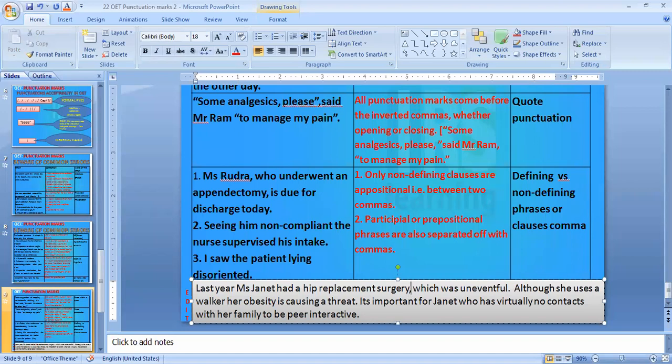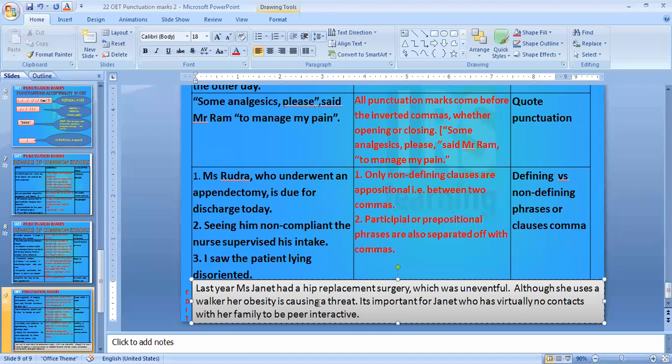Yes, because this is extra information. Hip replacement surgery, comma, which was uneventful. That is necessary. It is a non-essential part. You could have put a full stop there. Last year, Miss Janet had a hip replacement surgery, full stop. Full stop is okay. But which was uneventful is extra information, so a comma is necessary.